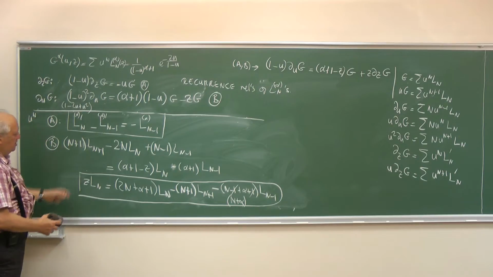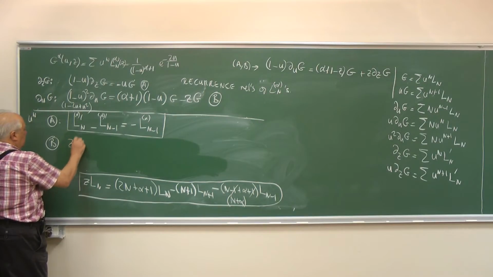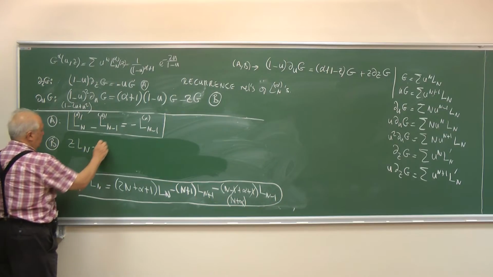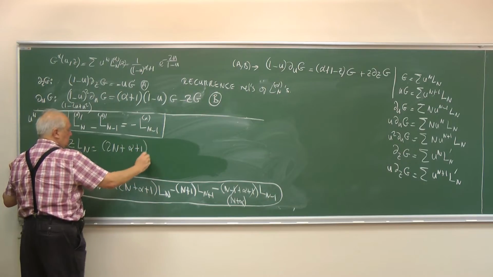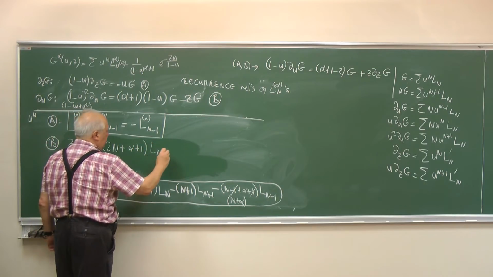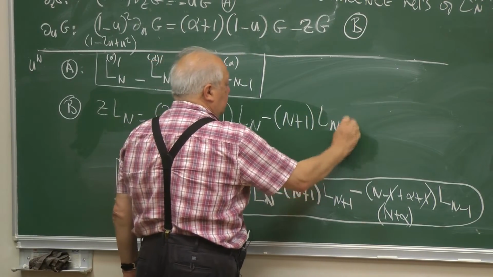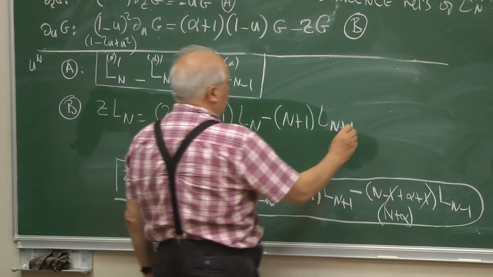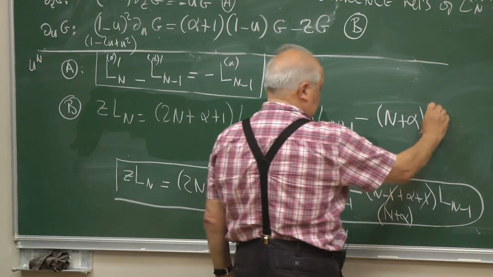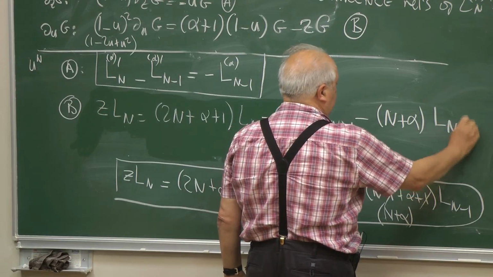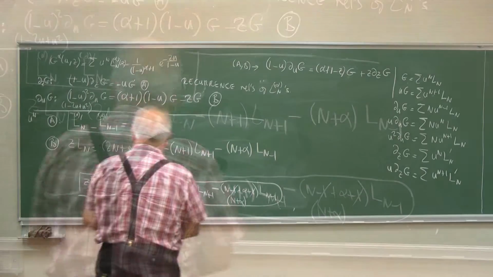Okay, I'm erasing this part and copying the result here. zLn is equal to 2n plus alpha plus 1 Ln minus n plus 1 Ln plus 1 minus n plus alpha Ln minus 1. So this goes.